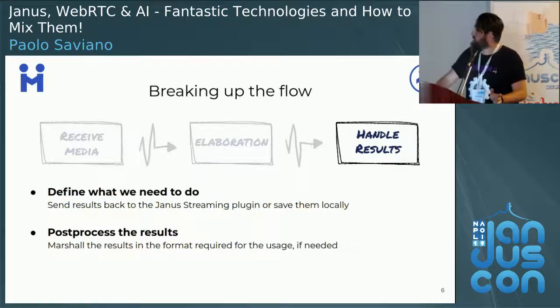Once the results of our elaboration are ready, it's necessary to handle them, either if they have to be sent back to the Janus plugin, or if we have any other usage in mind, probably the raw results must be crafted and managed properly.